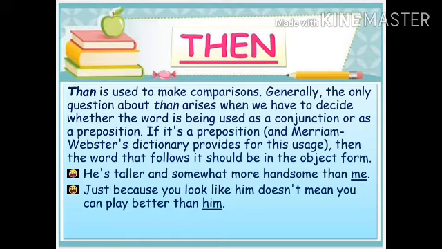If it is a preposition, and the Merriam-Webster dictionary provides for this usage, then the word that follows it should be in object form. For example, he is taller and somewhat more handsome than me. Next example, just because you look like him doesn't mean you can play better than him.